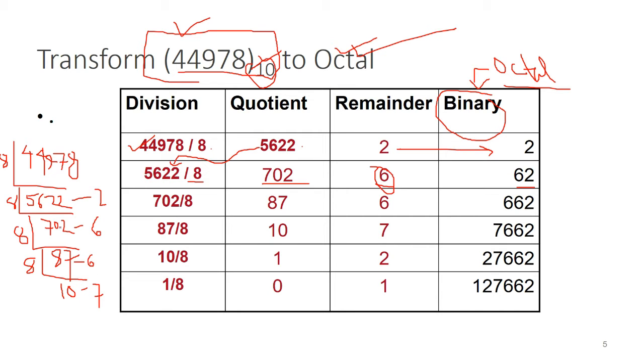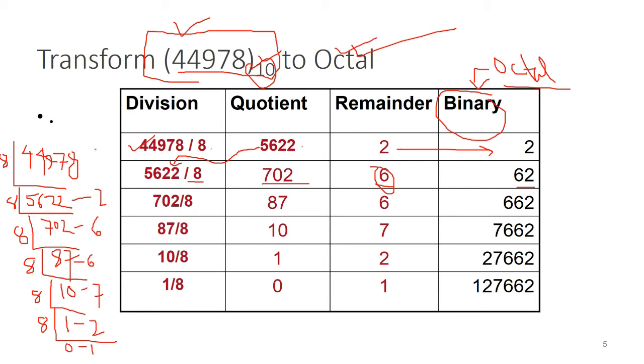Then if we divide this 10 by 8, we get a quotient of 1, and the remainder is 2. Again, if we divide this 1 by 8, we get a quotient of 0, and the remainder in this case is 1.